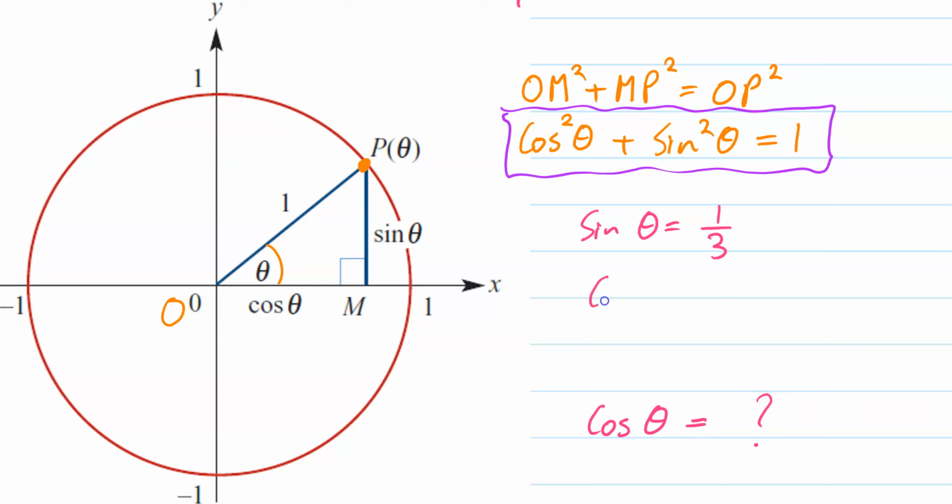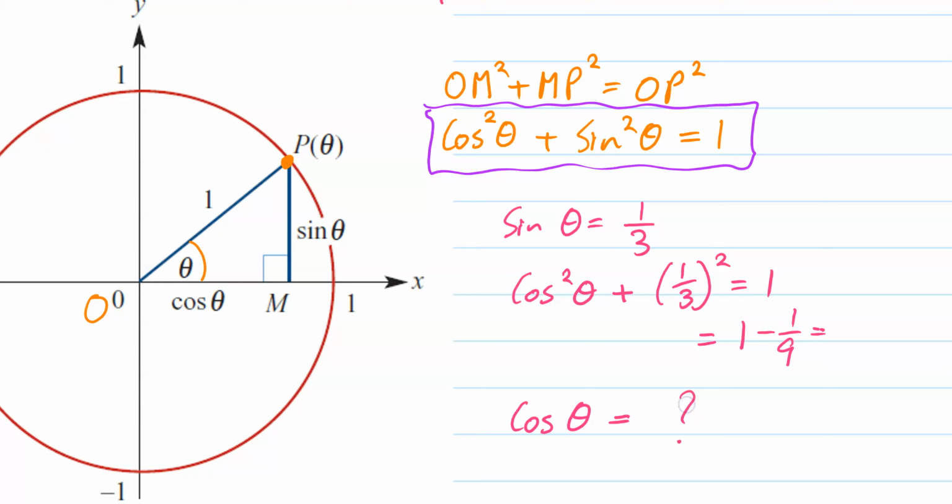Cos squared theta plus sine squared theta, where 1/3 squared is 1 on 9, is equal to 1. So you take away 1 on 9, which gives me 8 on 9. Nice one. That's in fact cos squared theta, not cos theta.